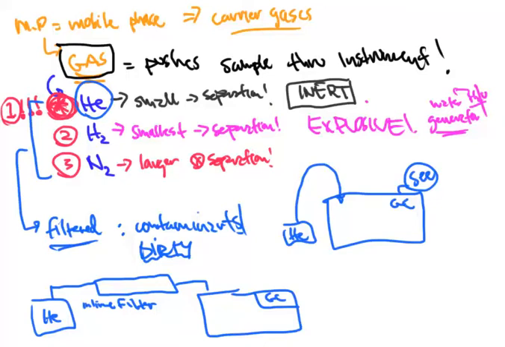The filter's made up of different substances and materials. It removes water, it removes maybe some slight traces of hydrocarbons. It removes a number of different things from the gas sample itself. Well, that filter can be used. It doesn't have to be used, but it can be used if you want really good data.